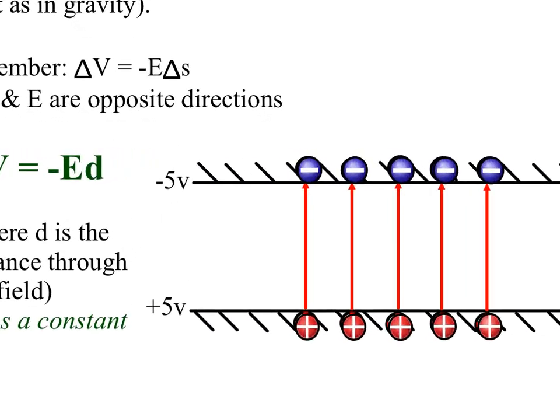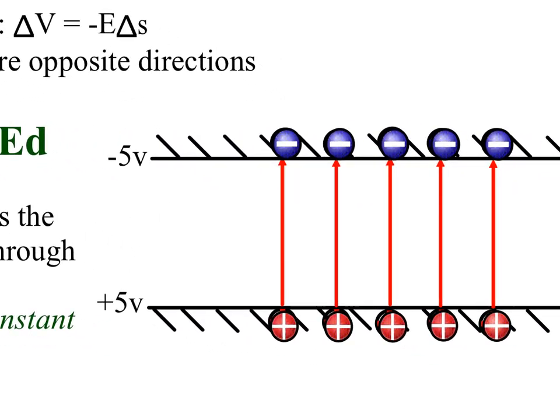So if I just zoom in here, I've assigned some values of positive 5 volts and negative 5 volts just to show a point, and if I draw an equipotential line right in between, well, I can determine the voltage really easily at this point, the midpoint between negative 5 and positive 5. This would be a line of 0 volts.